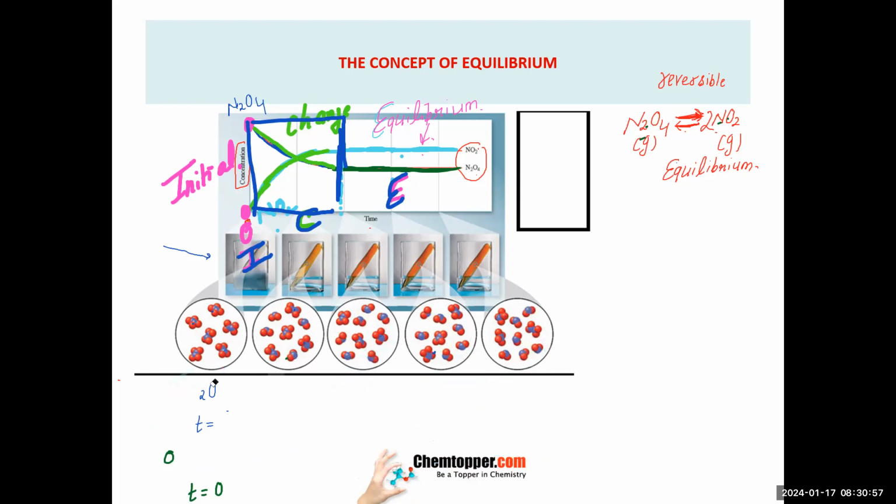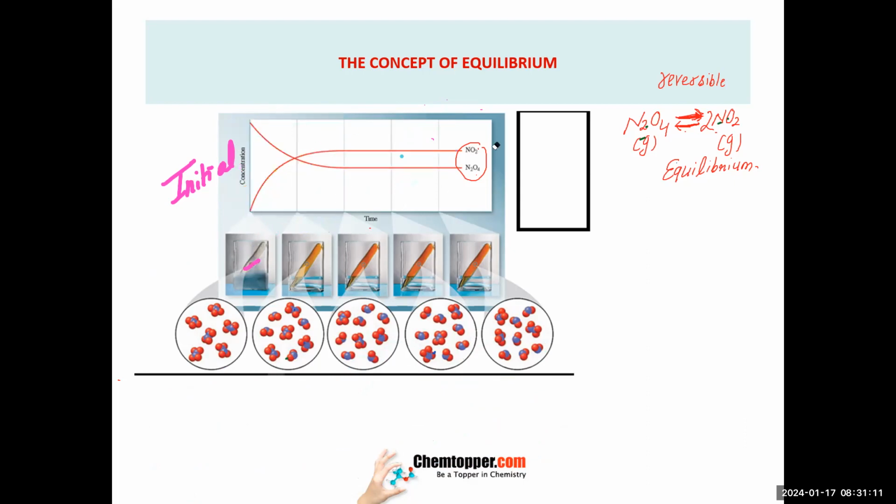The reaction stops or is still going on? There is no further change in concentration of the reactant and the product, correct? There is no change. Does it mean the reaction has stopped?